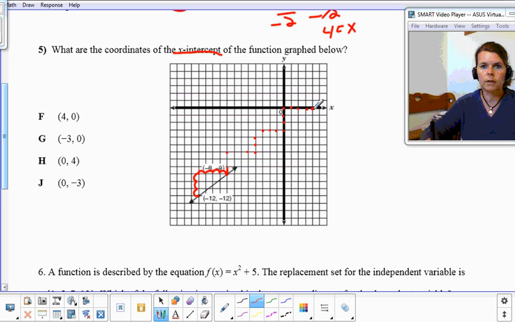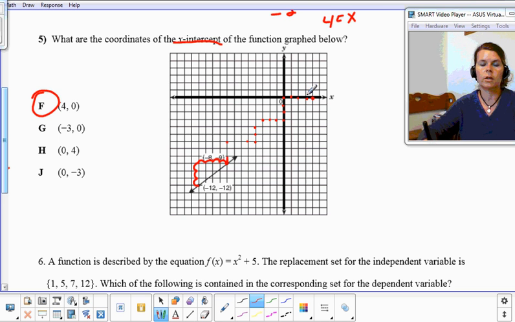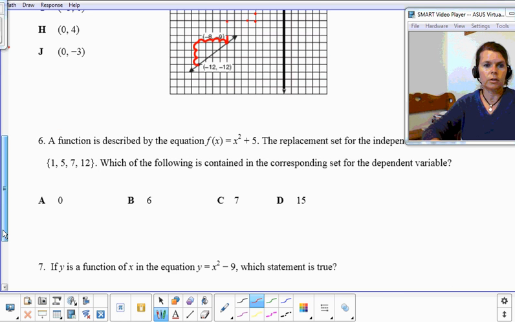So it's actually 4, 0, which is F. Phew, I couldn't figure out what I did wrong. Alright, 4, 0. So again, maybe you miscounted, like I miscounted the slope like I just did. So whatever you did wrong, make sure you write that on your sheet.